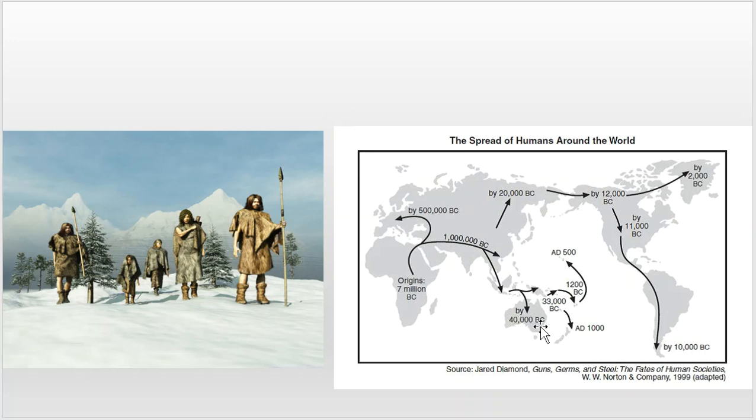They will also go down to Australia and Papua New Guinea. They will eventually spread up here in about 20,000 BC. The Ice Age will hit, which will allow them to cross the land bridge right here between Siberia and Alaska, which will then give them entrance into the Americas. The last place, according to historians, would be New Zealand, which was populated around AD 1000.